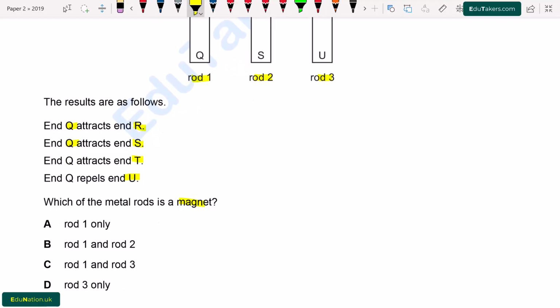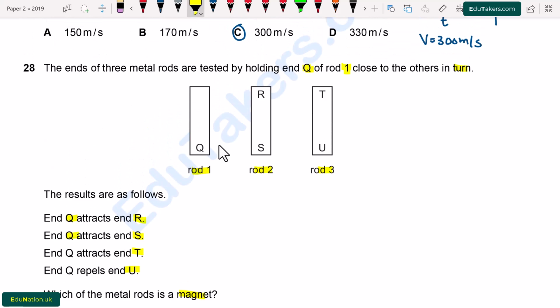A. Rod 1 only. B. Rod 1 and rod 2. C. Rod 1 and rod 3. D. Rod 3 only. So first of all, it is given that the end Q attracts the end R.